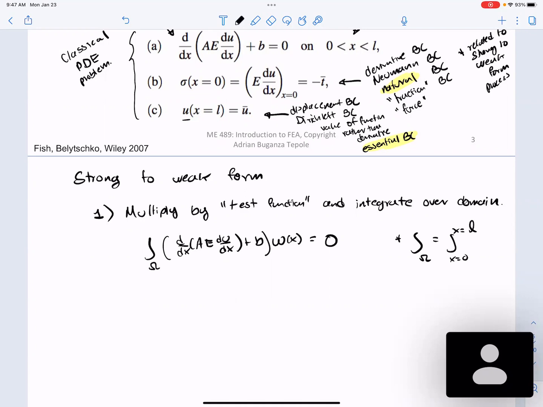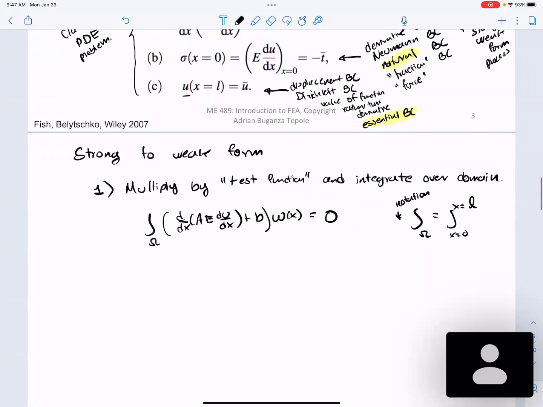Or if it was a volume, it would hide a triple integral. So it's just a way of saving space with that notation. So that's the first step.